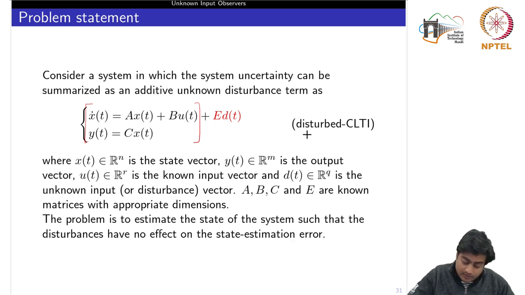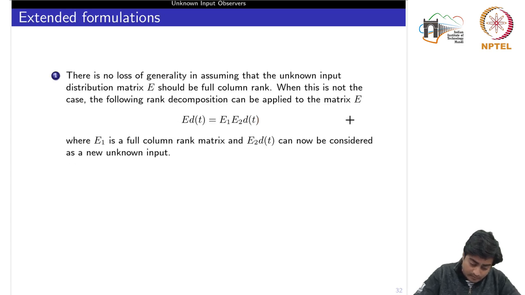So this formulation, which we have labeled as disturbed CLTI, is pretty much a generic formulation. One point to pay attention to is that here the distribution matrix E, we have assumed is a full column rank matrix.